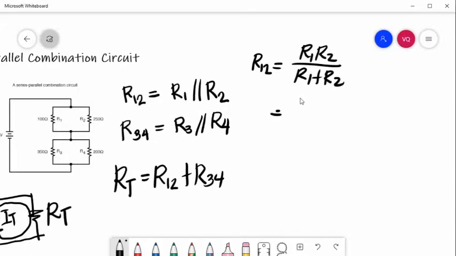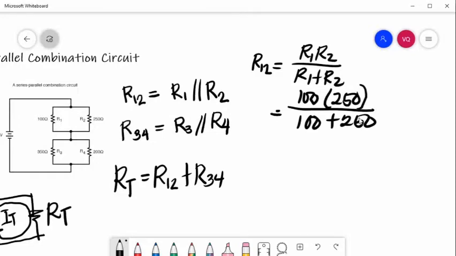So R1 is 100 multiplied by 250 divided by 100 plus 250. So you will get 71.429 ohms.